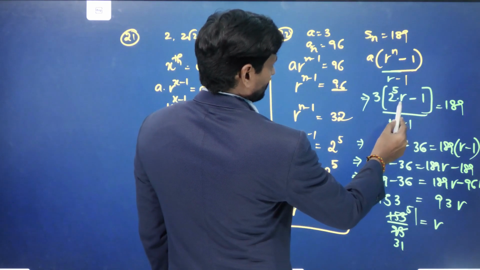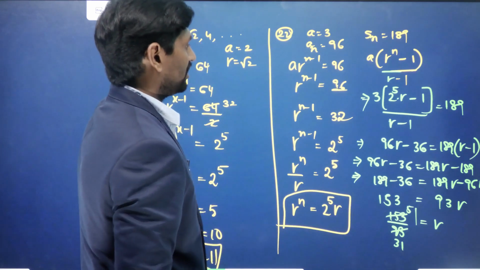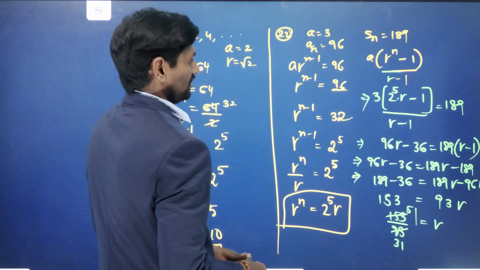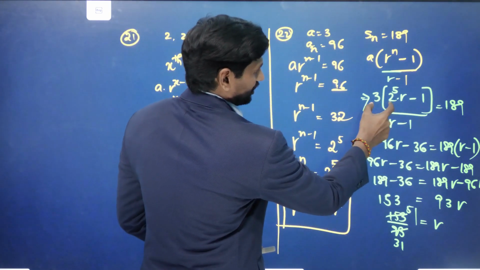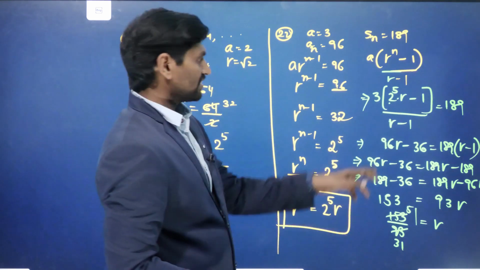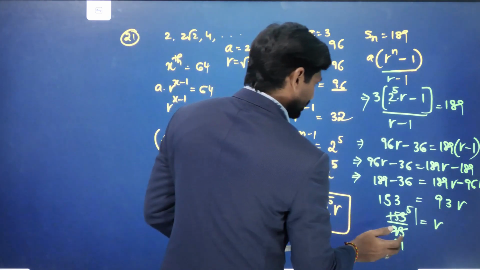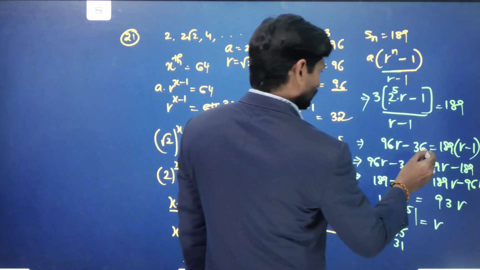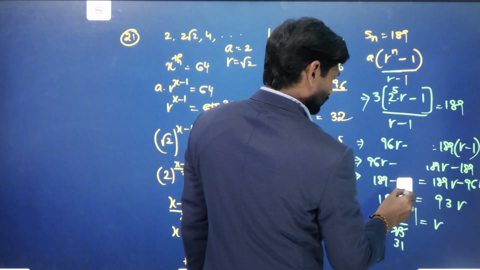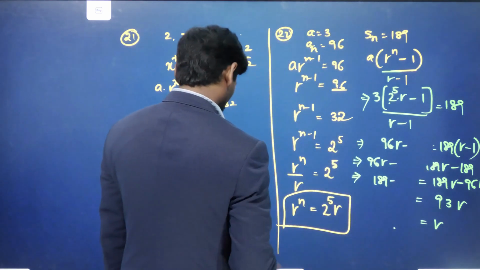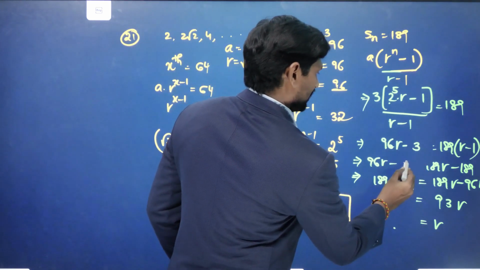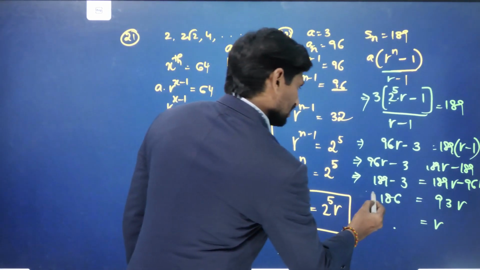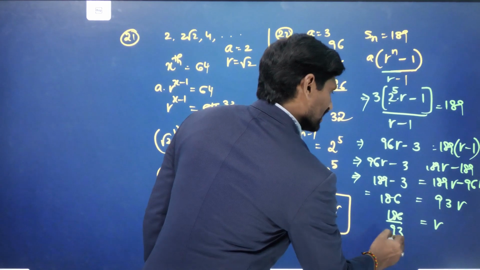One second, sorry, it is 3 actually, not 36. 32 into 3 is 96, but 3 into 1 is 3 only, so instead of this I should write 3. This value will be 3, 3, 3, and this will be 186. So 186 by 93, then the r value is 2. When you compare here also, you will get the r value 2 only.